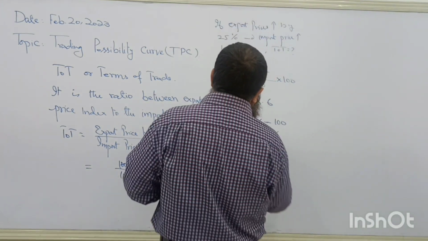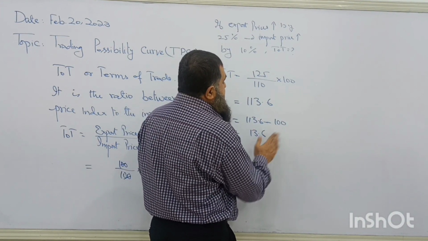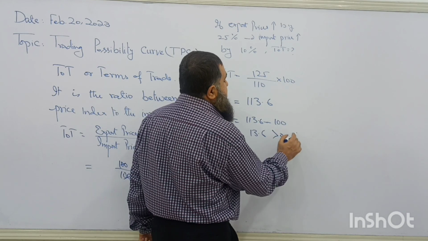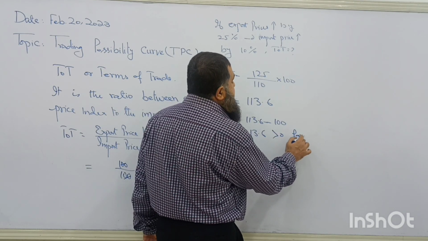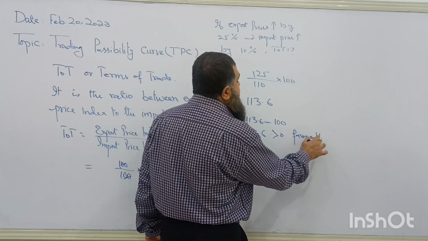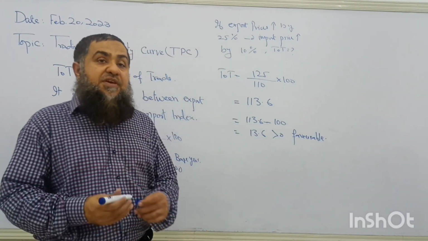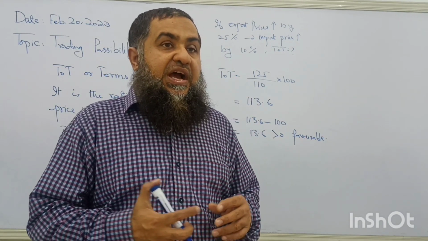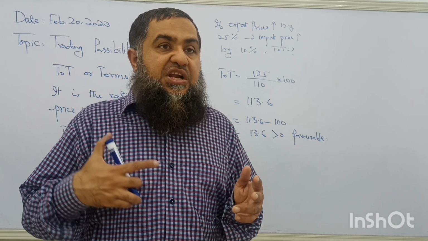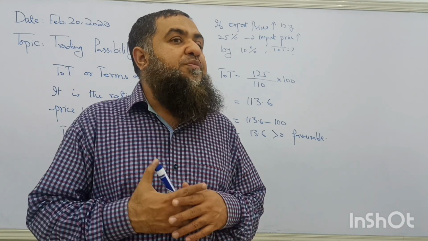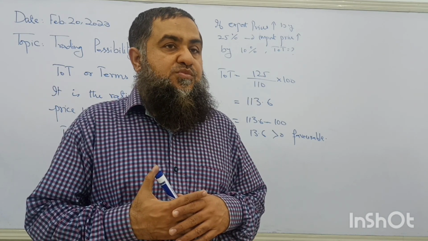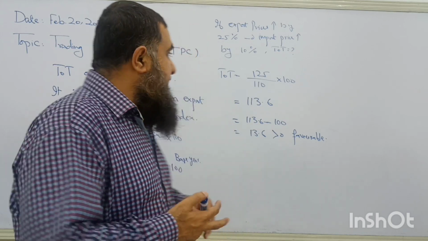So this value is a positive one. We say terms of trade is favorable. It is in favor of the country that our export prices are growing more than our import prices. The terms of trade is in our favor.